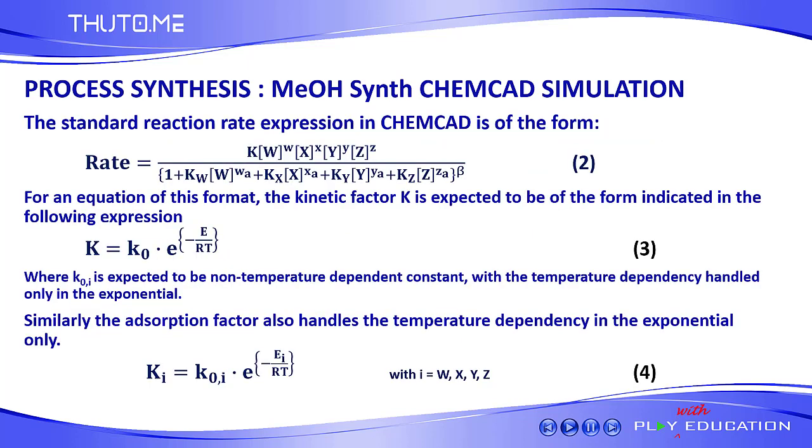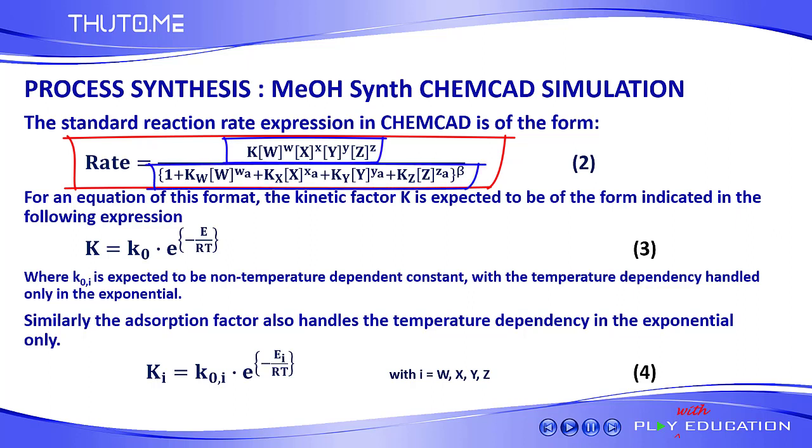In Chemcad, the standard rate expression that is used to model kinetic reactors is given by this rate expression here. This is the generic one. As you can see, this is the kinetic parameter and then the adsorption resistance parameter, which is the denominator. And as I have indicated, there's only one term, which is the forward rate of the reaction. So Chemcad does not have the two terms.